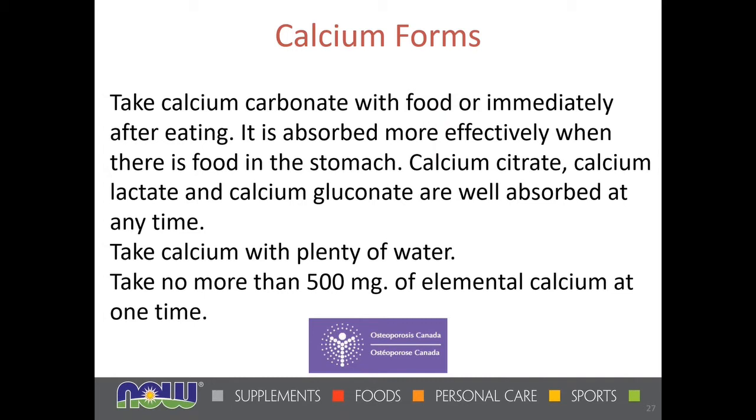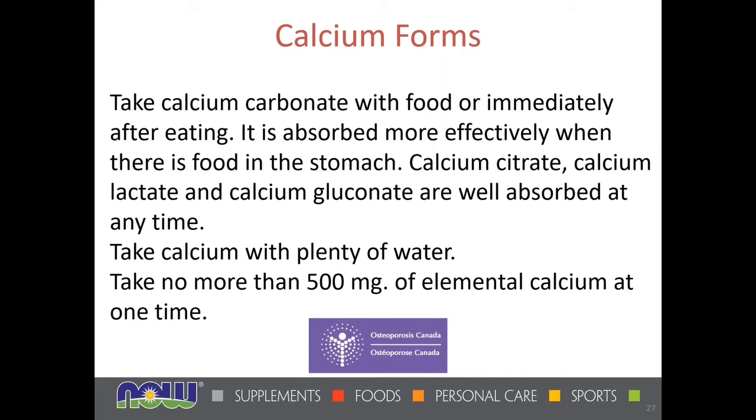So you're taking 5 times as much, approximately, of the compound of calcium citrate. If you want to get a gram of calcium, you have to take a little over 2 grams of calcium carbonate, but about 5 grams of calcium citrate to get the same amount of calcium.